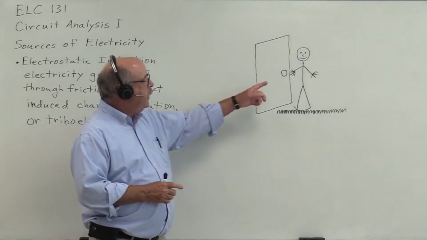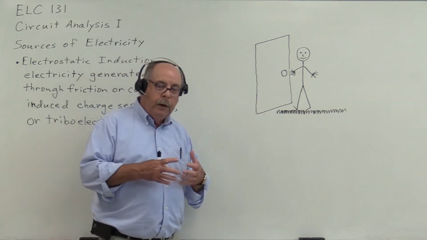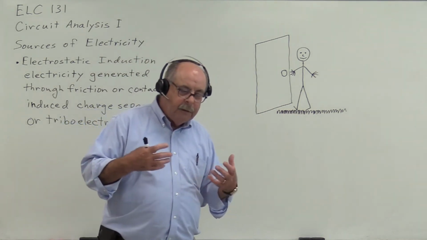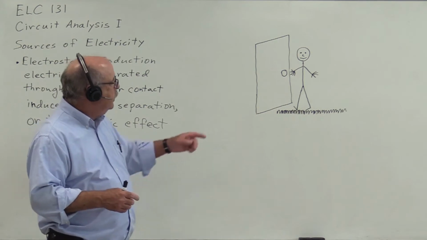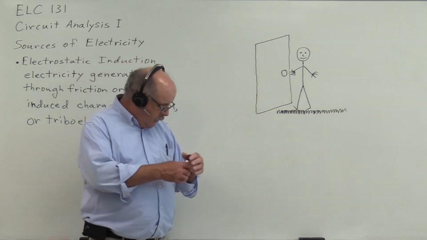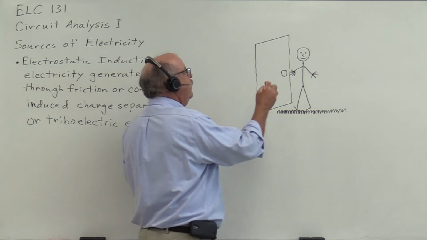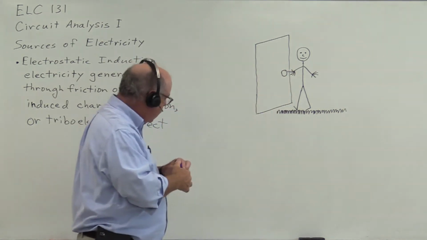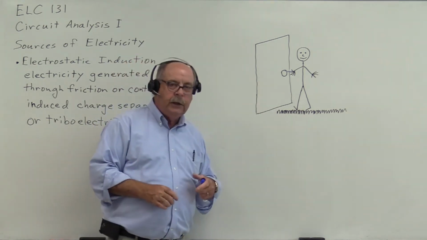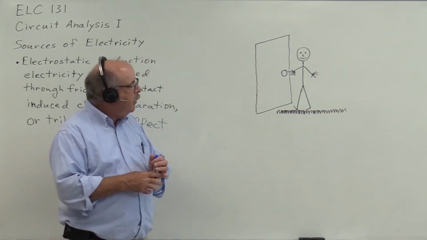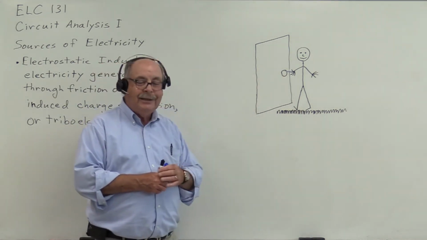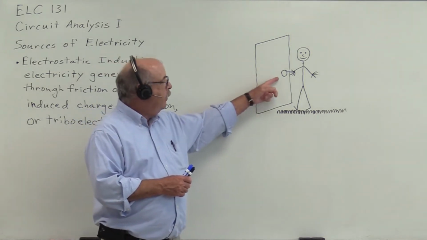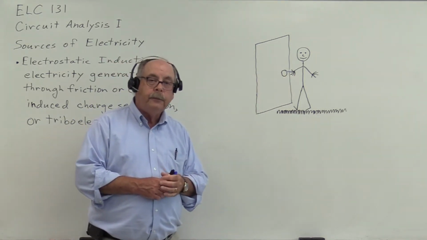And if you get close enough to a point where this charge wants to be distributed to, such as a doorknob, you'll actually feel the electrons flow from your finger to that metal object, in this case, the doorknob. And if it's dark, you'll be able to actually see the spark that's created when the electrons leave the doorknob and go to your body.